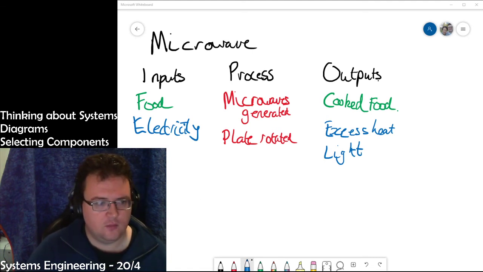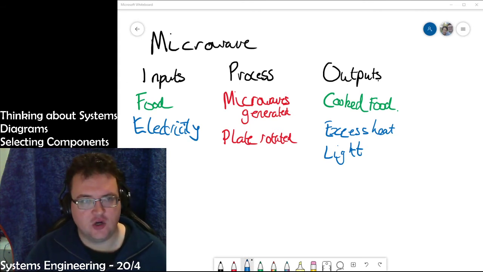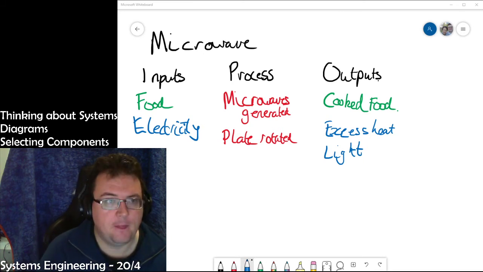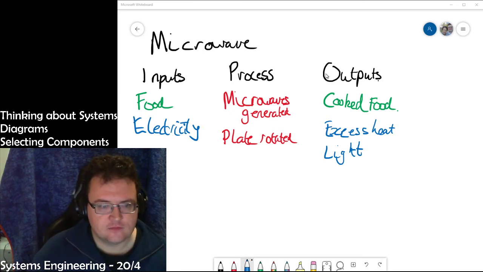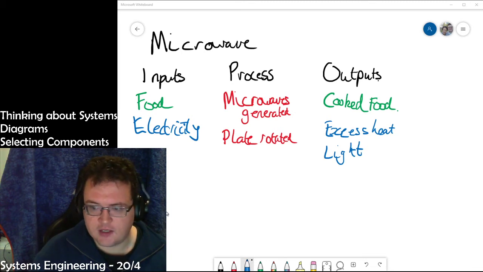So in the case of your projects, what I want you to do today is to try and break down your project into the different inputs, processes and outputs. I want you to try and create an IPO diagram. Alright, so an IPO diagram.